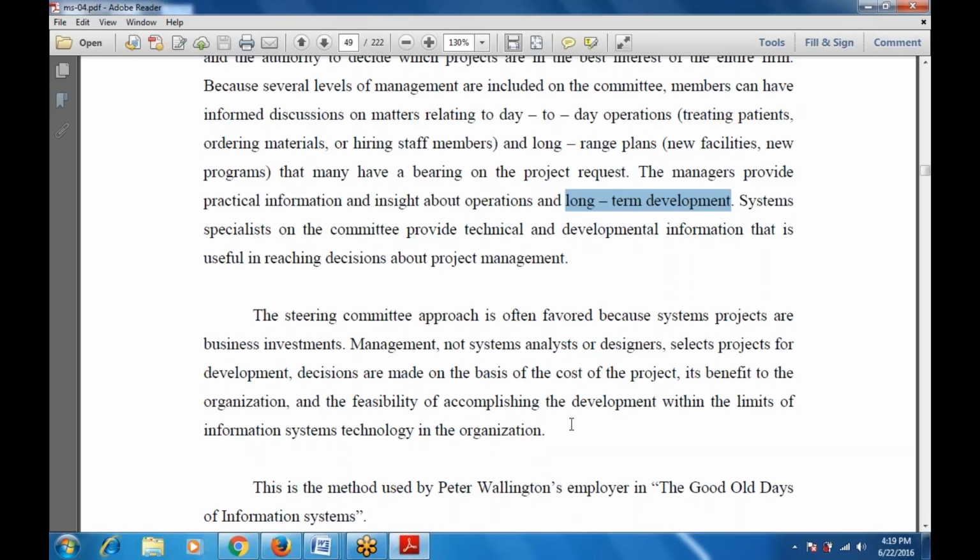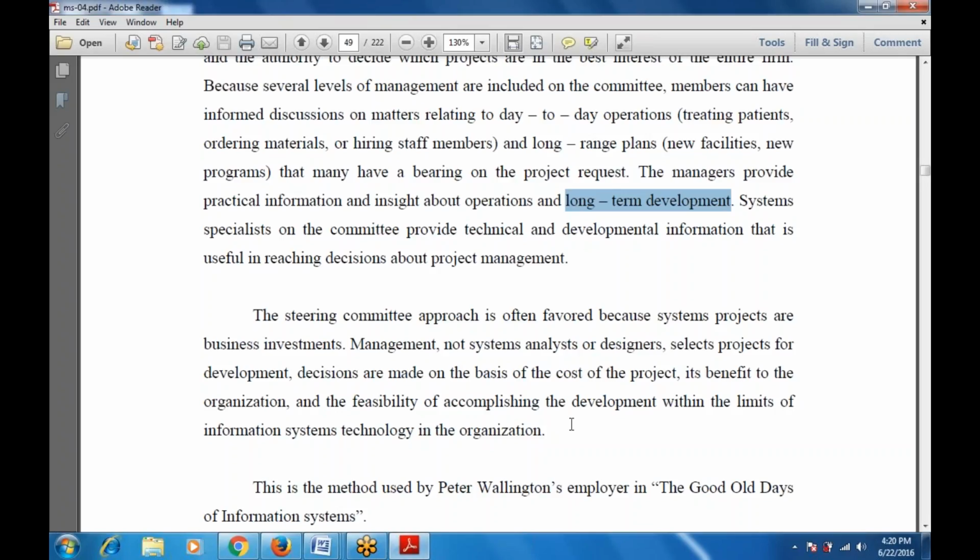So whenever we use system projects as business investments, the managers can invest for the next term. It is often favored because management, not the system analyst or the designer, selects the project for development. Decisions are made on the basis of the cost of the project and its benefit to the organization.